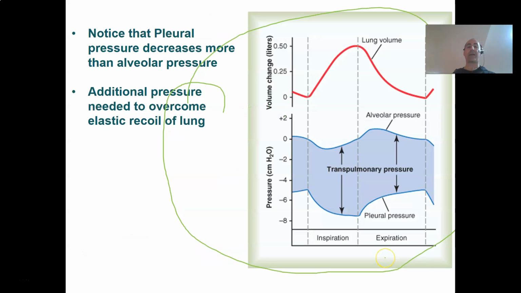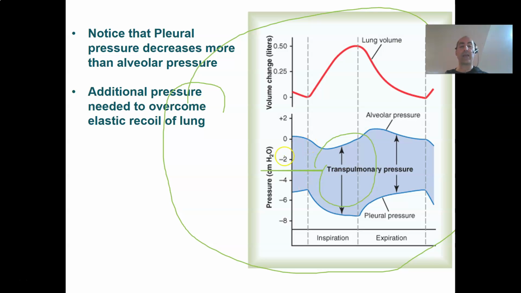Now we're going to go back here, and we're eventually going to understand what this all means using these equations. So it's the alveolar pressure minus the pleural.